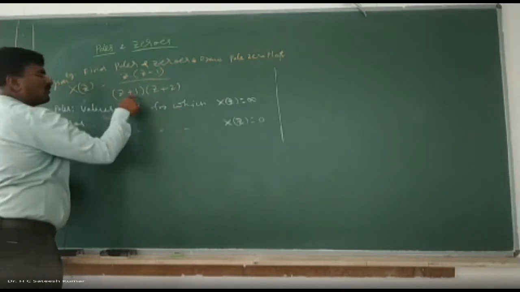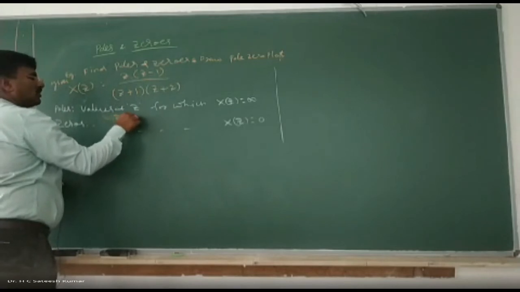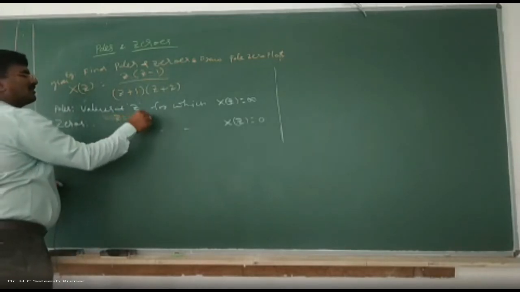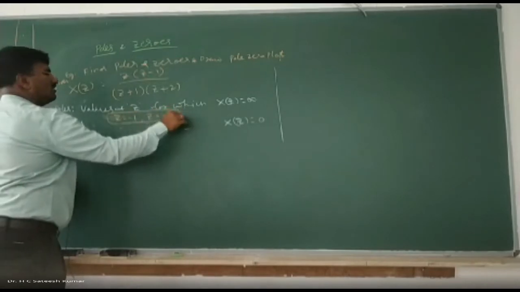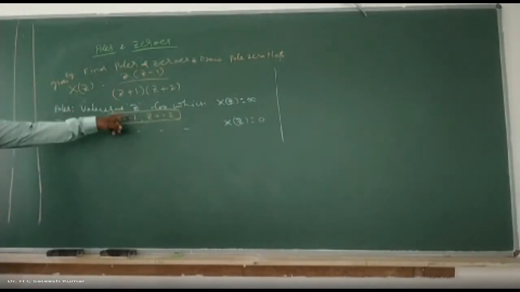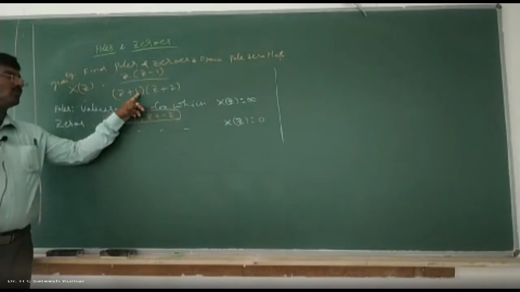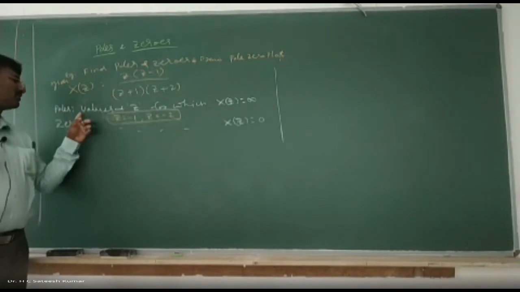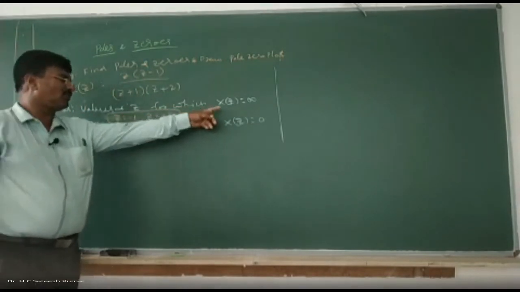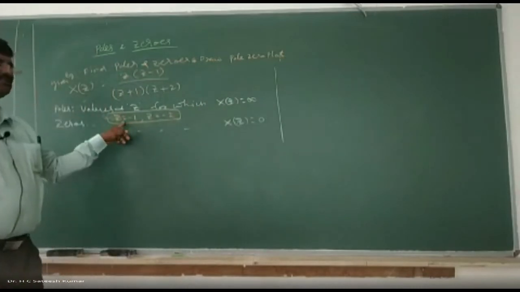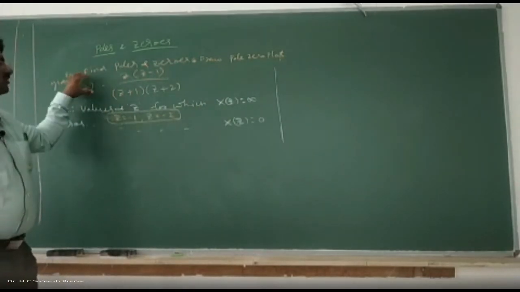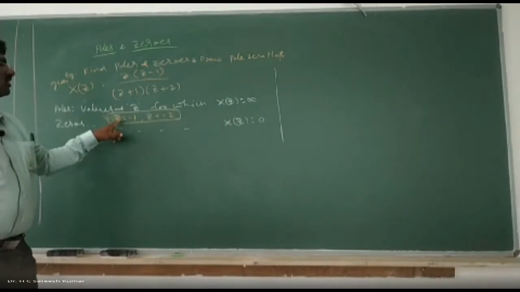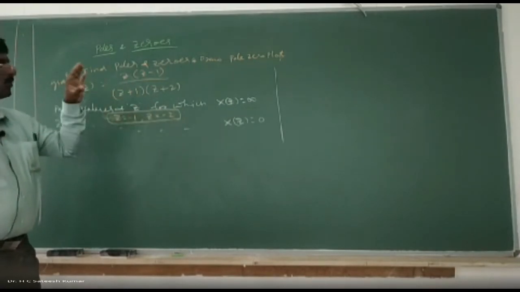So z is equal to minus 1 and z is equal to minus 2 are the poles of X of z. Because minus 1 plus 1 is 0, and anything by 0 is infinity. Z is equal to minus 1, you will get X of z infinity. Z is equal to minus 2 also, X of z is infinity. Therefore, z is equal to minus 1 and minus 2 are the poles of this X of z.